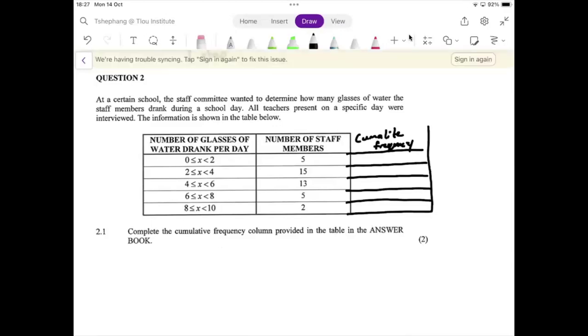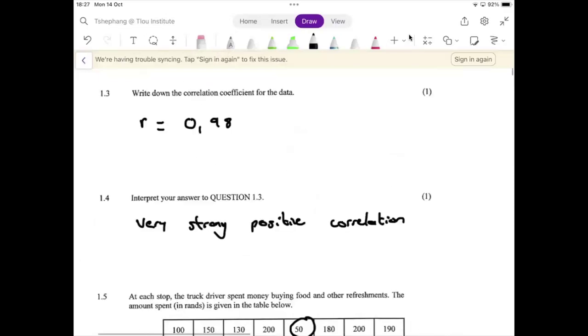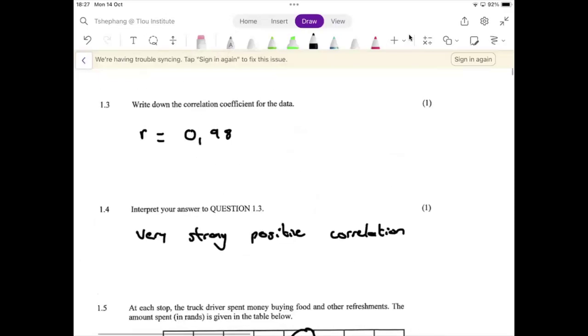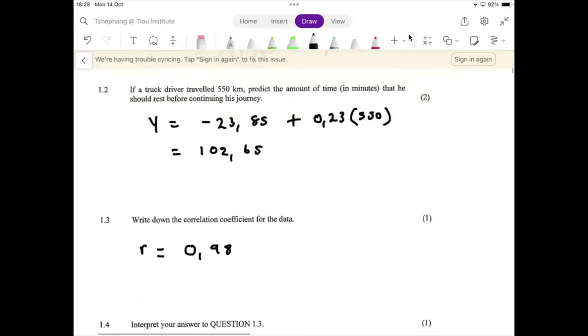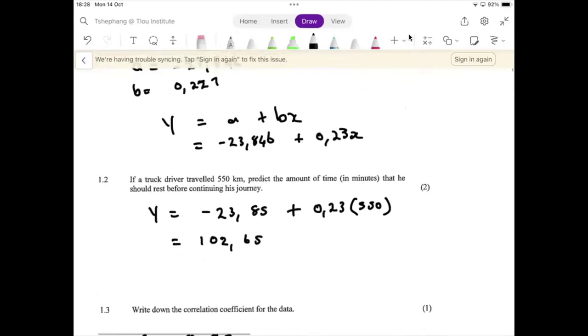Sir, I wanted to ask a question in 1.3. If we are looking for the equation, do we have to leave our answers in decimal places? For example, when we got A as negative 23,846, can we simply leave it at negative 23,85? Yes, that's perfect.